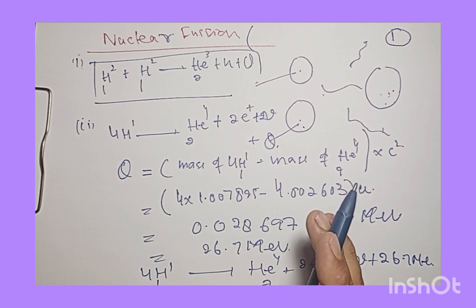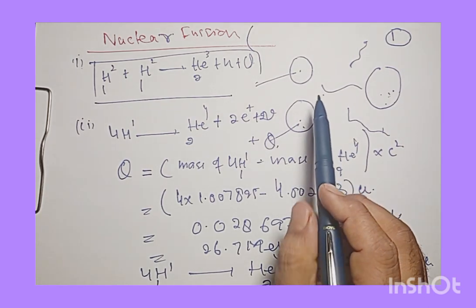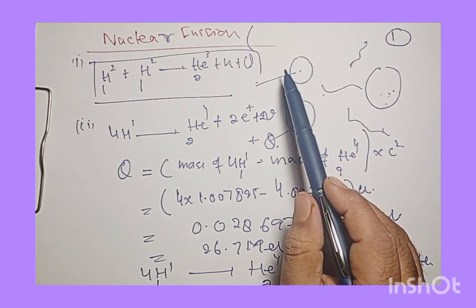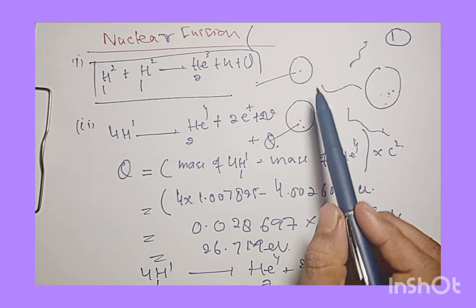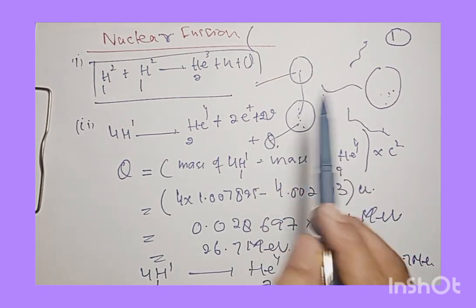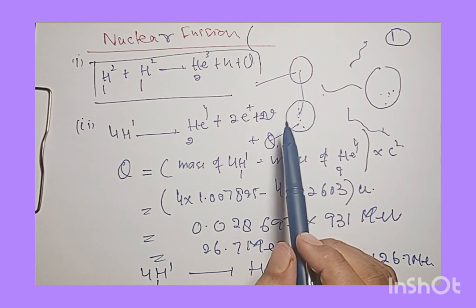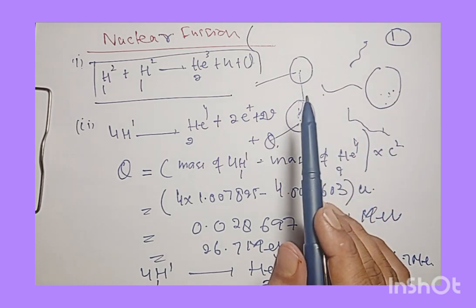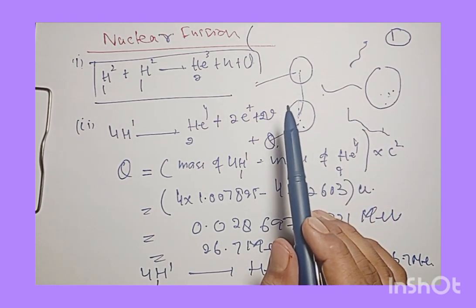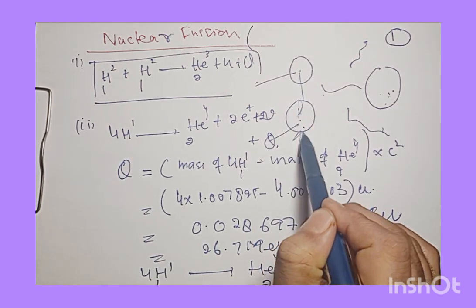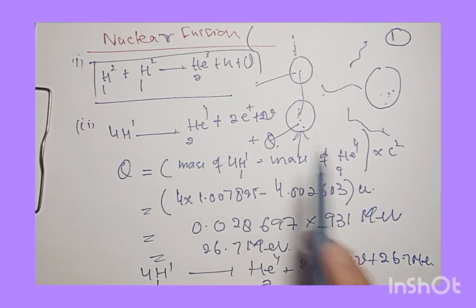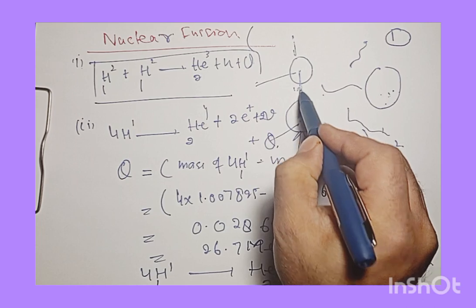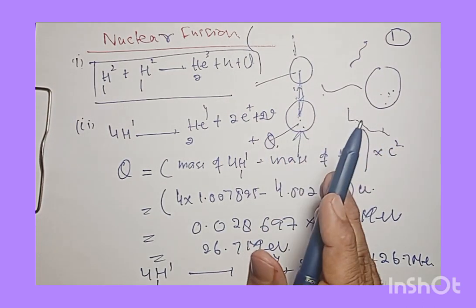Nuclear fusion cannot take place easily. It's not an easy process. When two light nuclei are brought closer to each other, they exert a repulsive force on each other due to their positive charges. So you bring them close, and they repel each other. As such, these nuclei cannot fuse together. These nuclei can fuse if they have enough kinetic energy to overcome this repulsive force due to their similar charges.